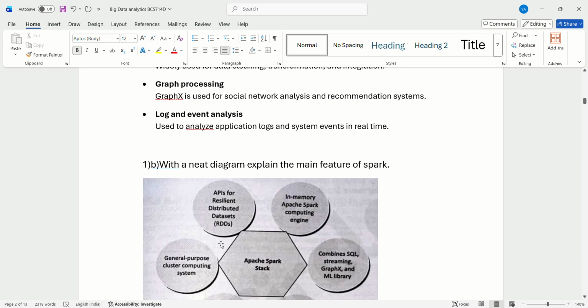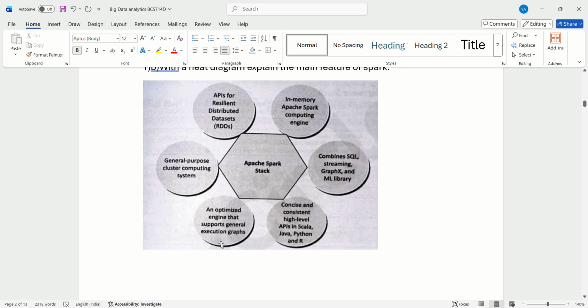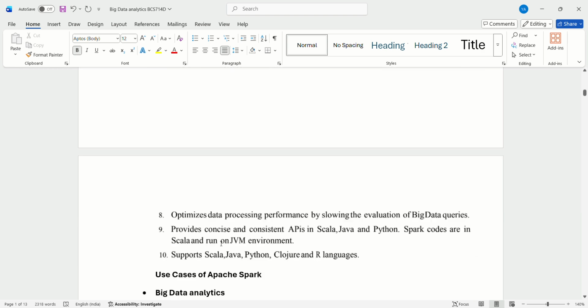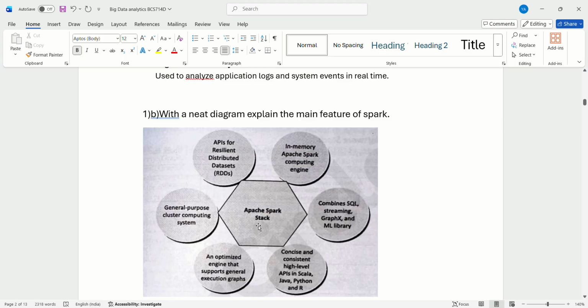Next question: with the neat diagram, explain the main features of Spark. The main features of Spark I have explained here itself, but if they ask only for the features of Spark, with a neat diagram we have to explain it. The in-memory Apache Spark computing engine combines SQL, streaming, graphics, and ML libraries.